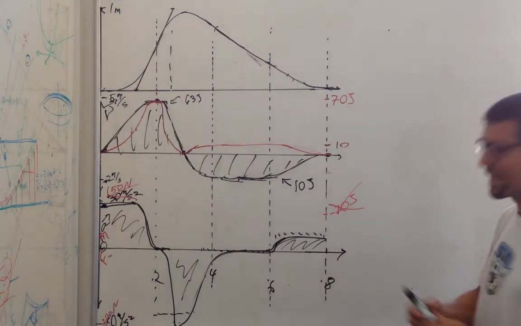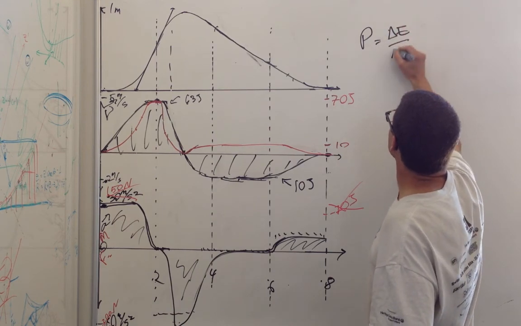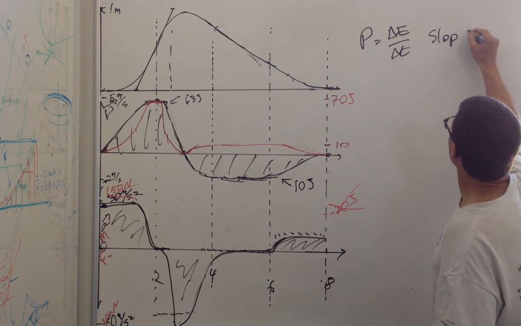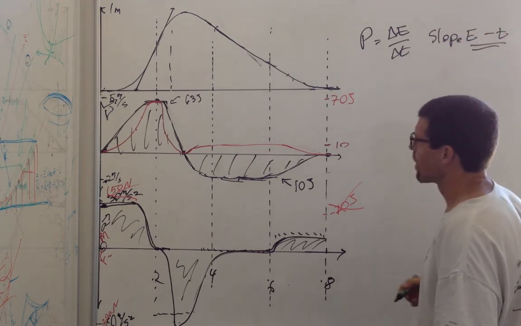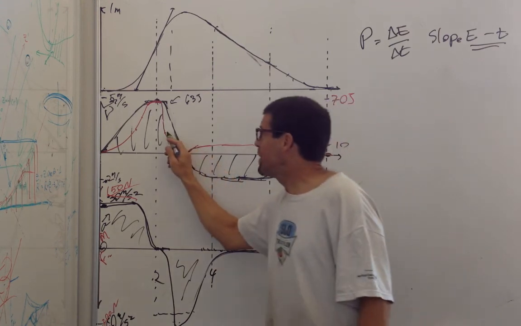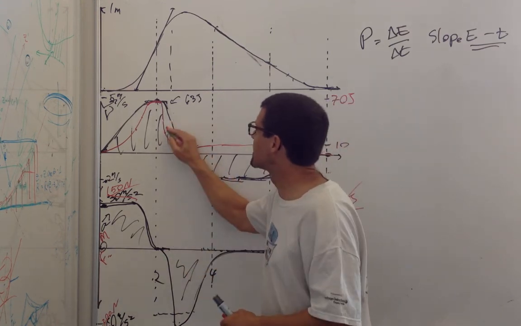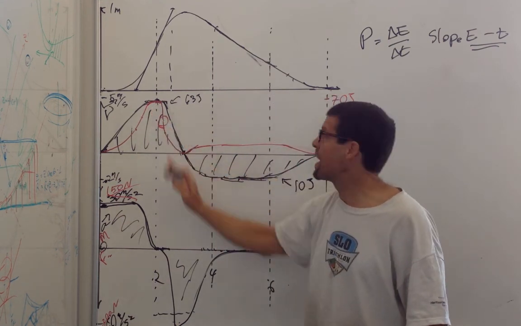Okay, now how about the maximum power? We remember power is equal to the rate of change of energy, and so that's going to be the slope of the energy time graph. And so you might pick this as being the maximum slope when the energy is changing the fastest. I won't pick that because that potentially is provided by brakes.